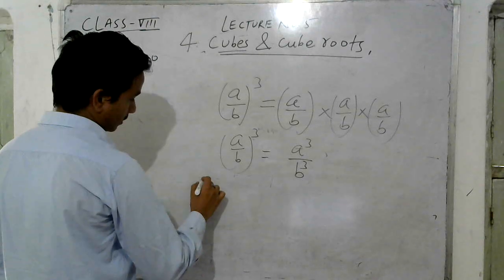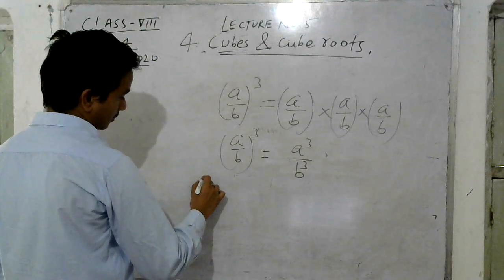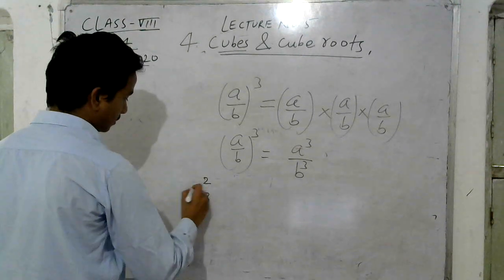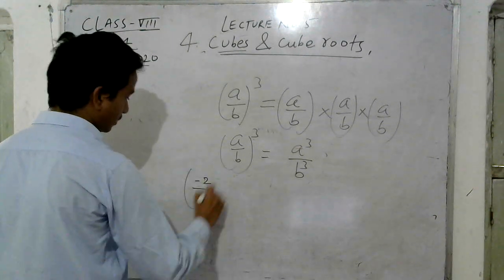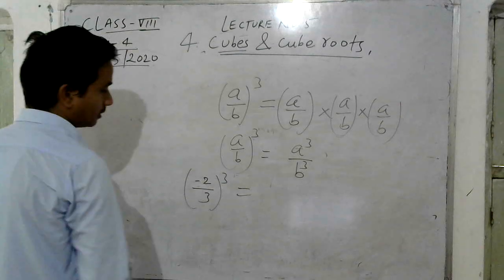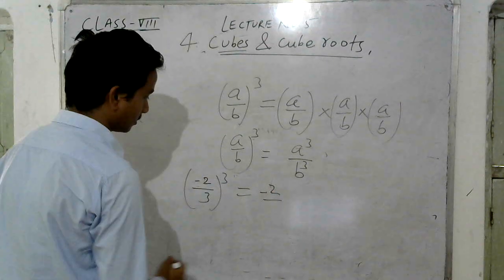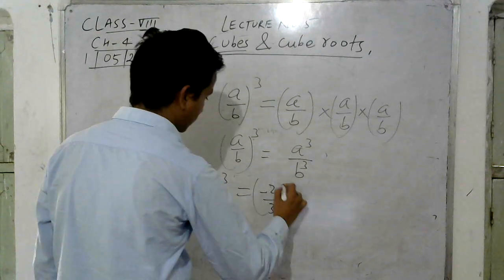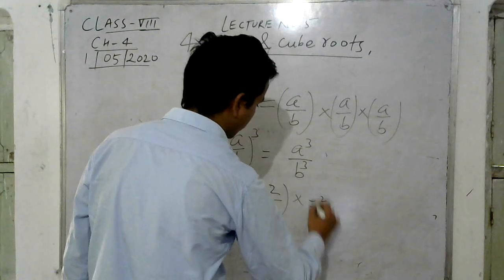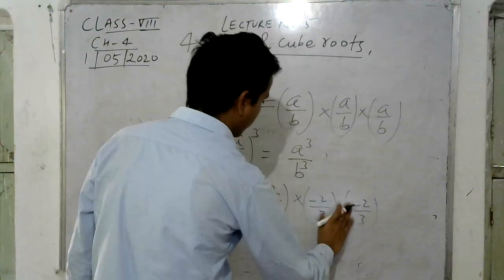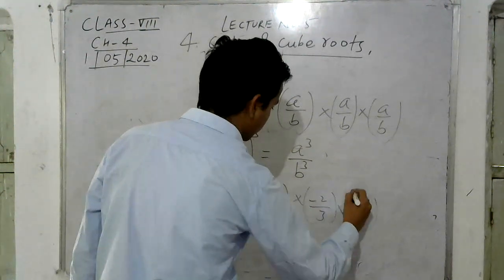Suppose we take an example: -2 by 3 whole cube. I have to find the cube of this rational number. So the cube of this rational number is -2 by 3 into -2 by 3 into -2 by 3. This is multiplied together 3 times.